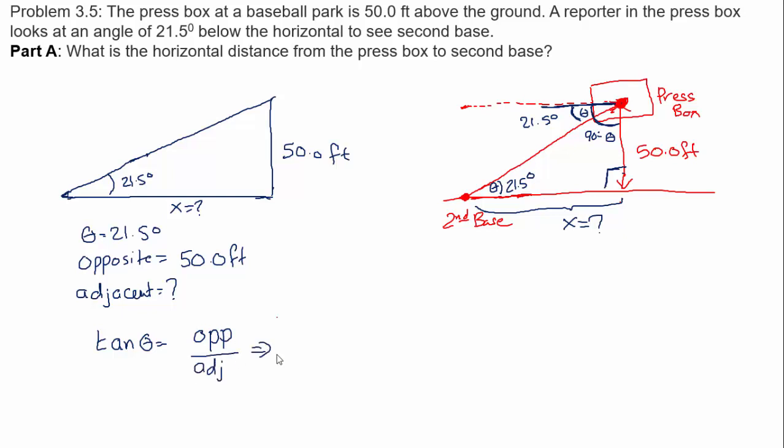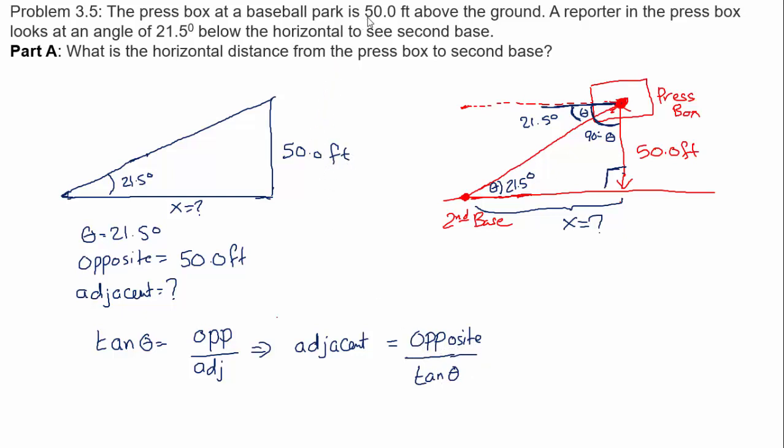And here we need to solve for the adjacent. So let's rearrange the equation here. The adjacent will be the opposite over tangent theta. And then I'll let you plug the values here, whatever the opposite is.